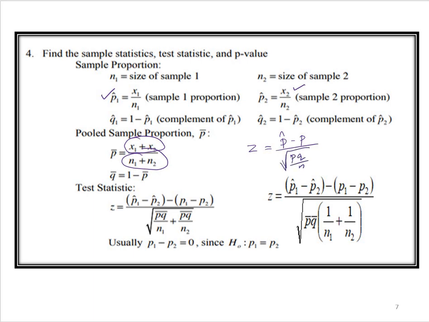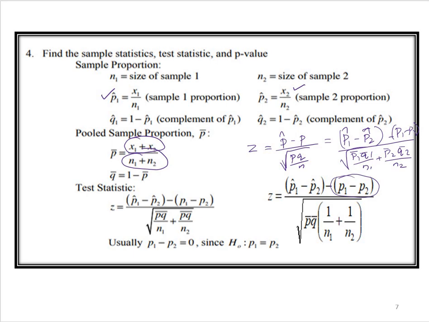But we have two samples, so we will take it as P1 cap minus P2 cap minus (P1 minus P2), divided by the square root of P1 Q1 divided by N1 plus P2 Q2 divided by N2. Usually we take the null hypothesis as P1 equal to P2, so P1 minus P2 will always be 0.